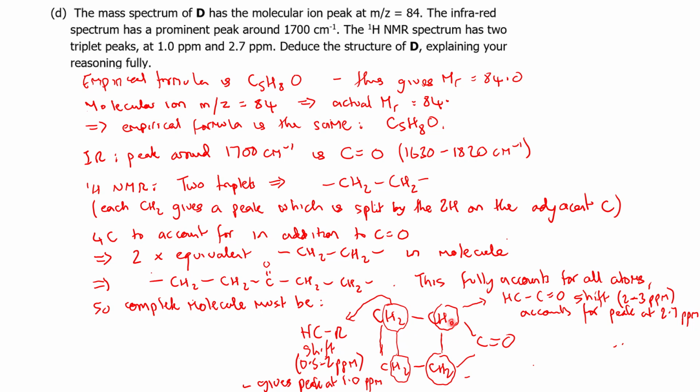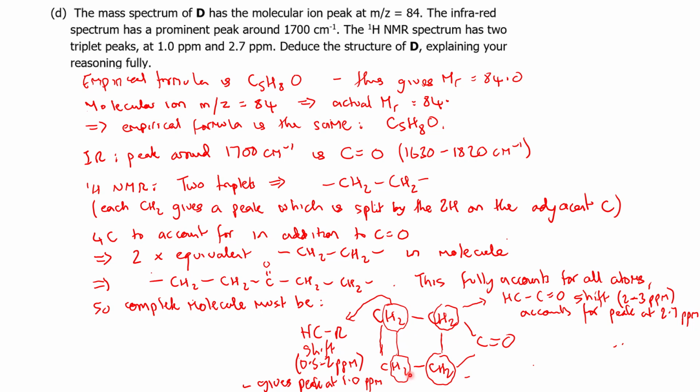But you have to remember the key thing, which is that equivalent hydrogens don't split each other. That's just a rule that we learned. It's not easy to justify that at this level, so you just learn that equivalent hydrogens don't split each other. So this CH2 will be split into a triplet because it's got the CH2 on this side. The CH2 on that side is equivalent. These two are equivalent to each other, so they don't split one another. And so you're just left with splitting into a triplet.